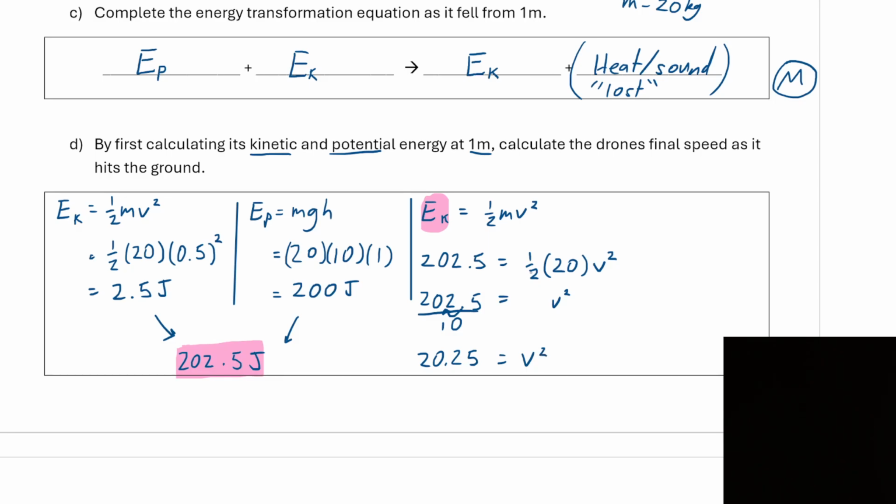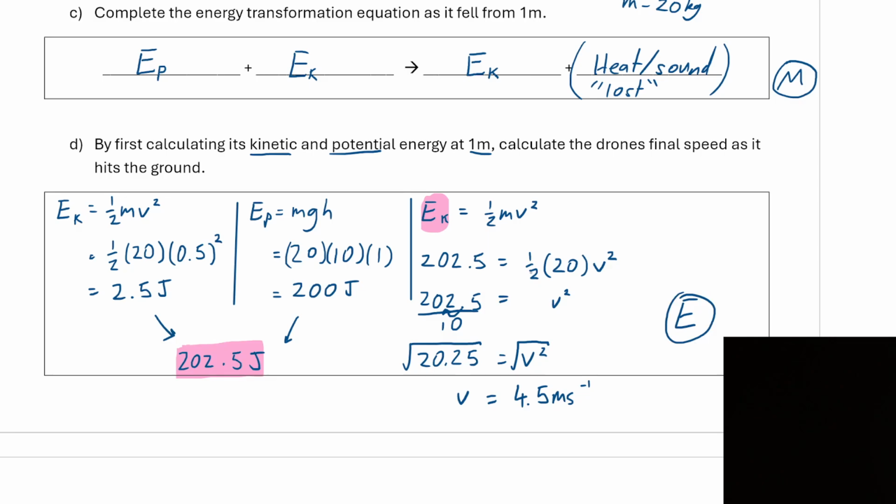And what's our last step? We're solving for speed, not speed squared, so we need to square root both sides. And I believe that's 4.5. Yep. 4.5 meters per second. Whew.